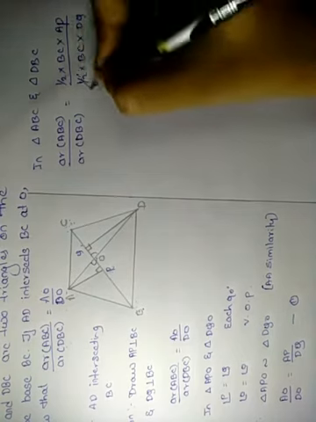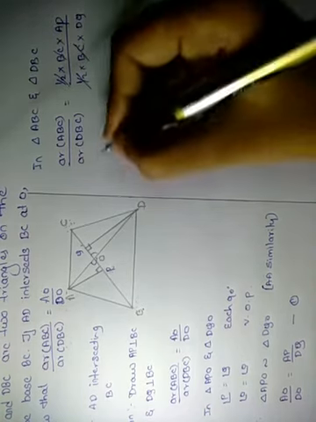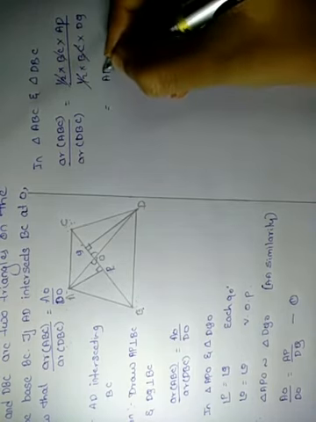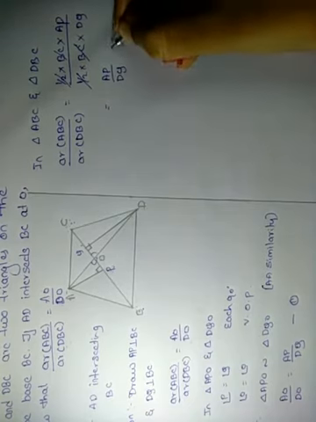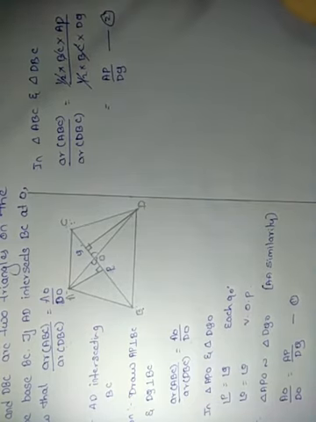Now half gets cancelled, BC gets cancelled, so we got AP divided by DQ. We'll call this equation 2.